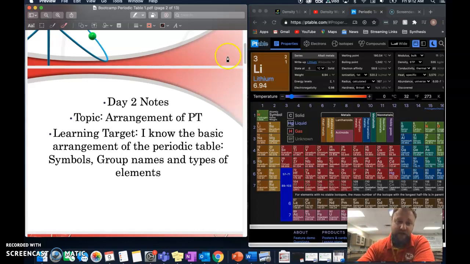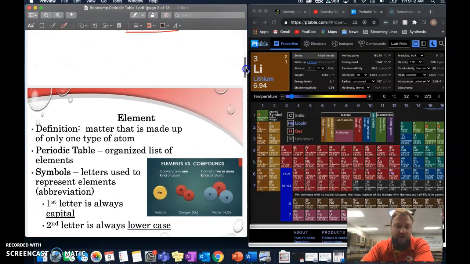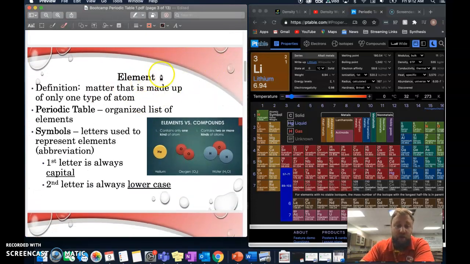So let's go over our learning target. I know the basic arrangement of the periodic table, symbols, group, and types of elements. So let's go through all that. So first, what is an element? An element is matter that's made up of one type of atom.